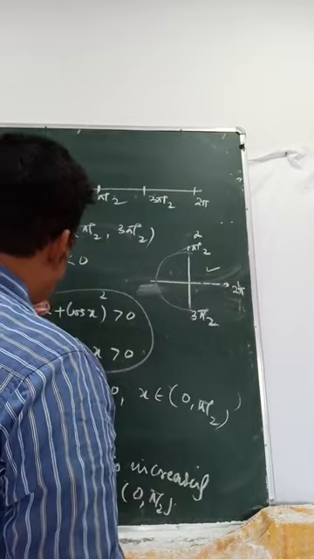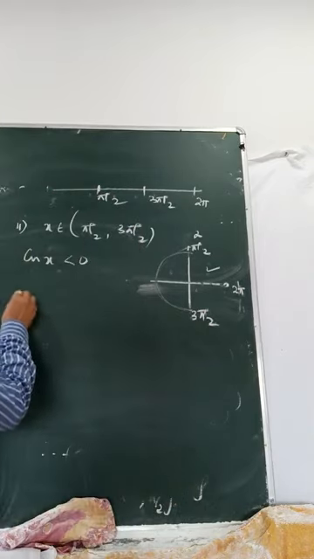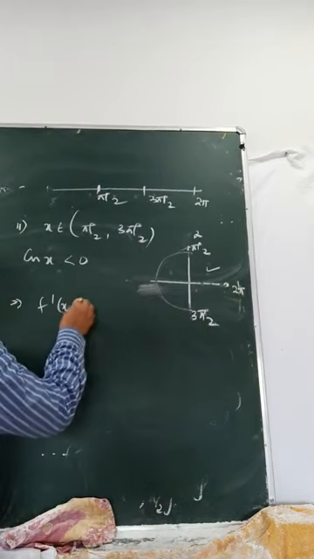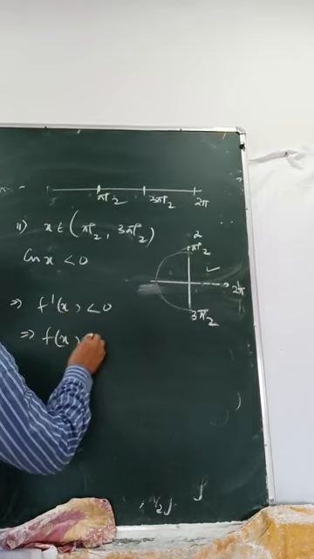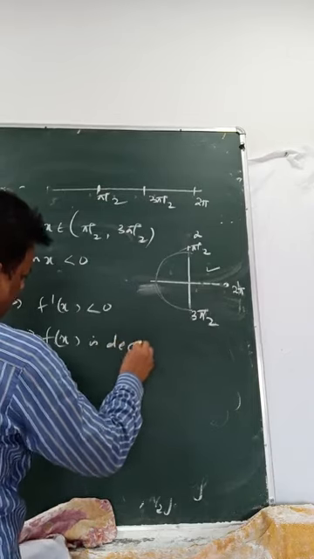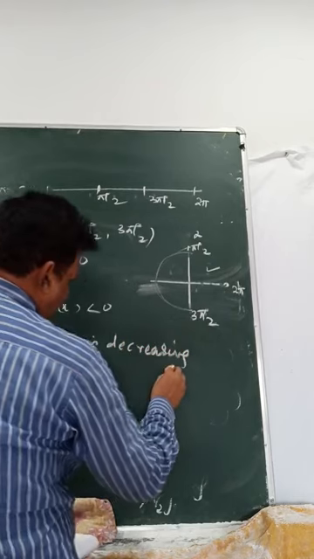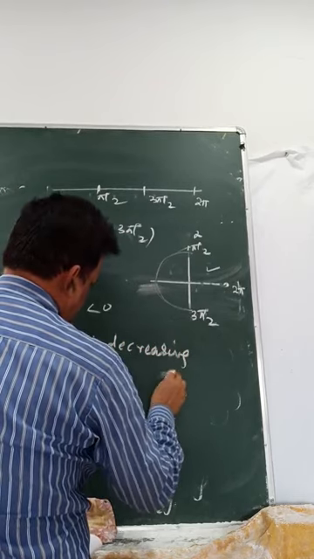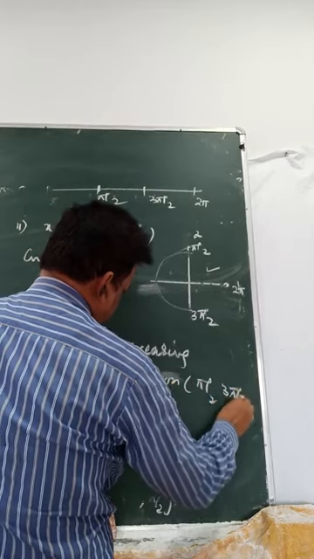So implies f dash x is smaller than 0. So f x is decreasing on pi by 2 to 3 pi by 2.